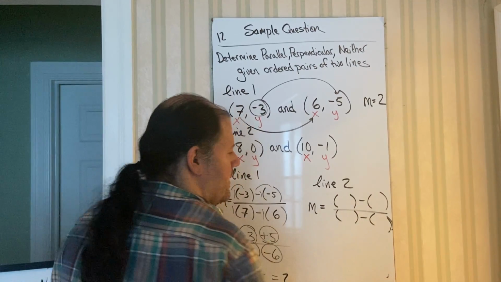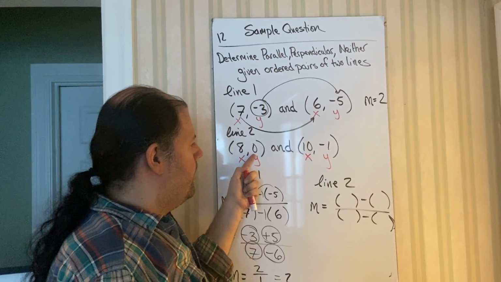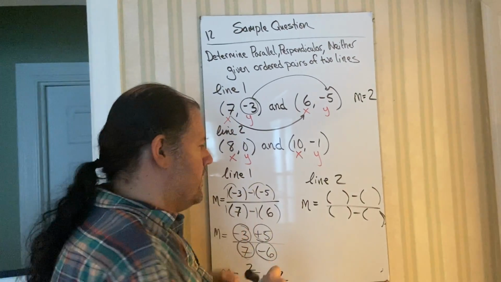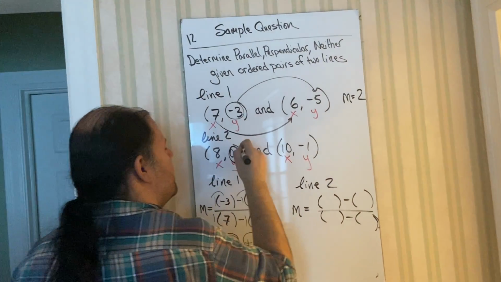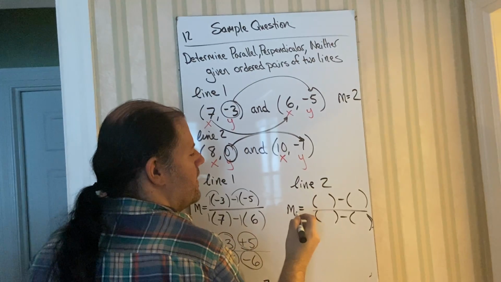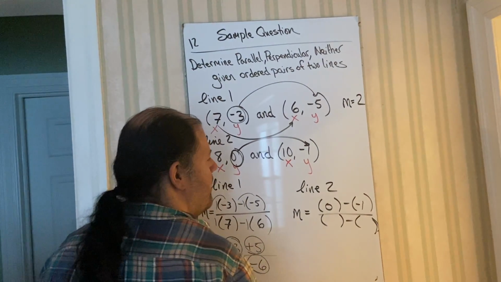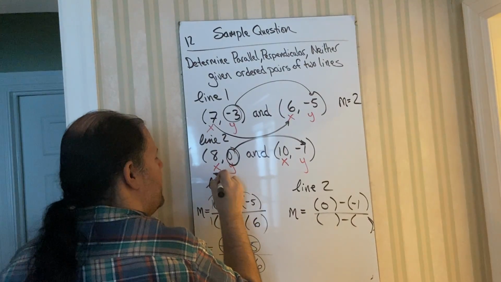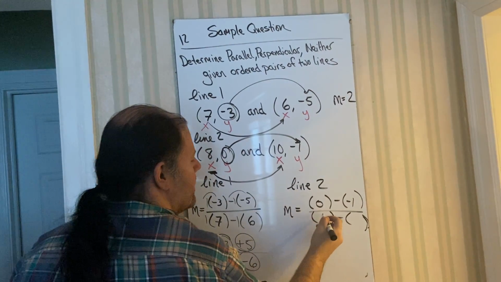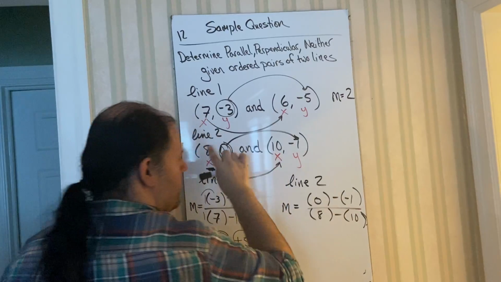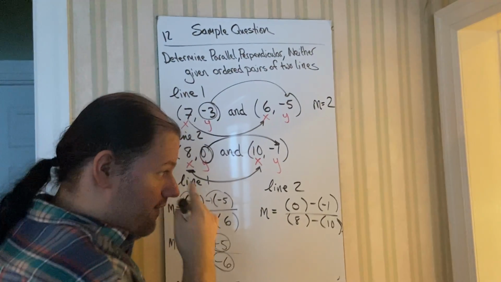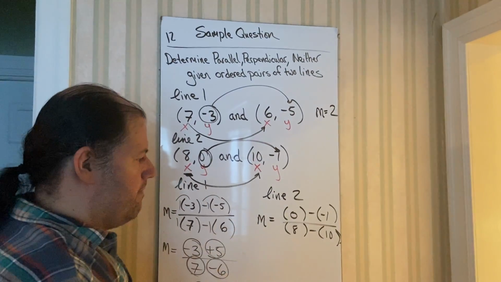And then you can see, for our y's, remember, always do y first. You went from a 0 and changed to a -1. 0 to a -1. And my x's went from an 8 to a 10. Remember, I just keep on going the same direction, just like I read a statement, going from left to right.